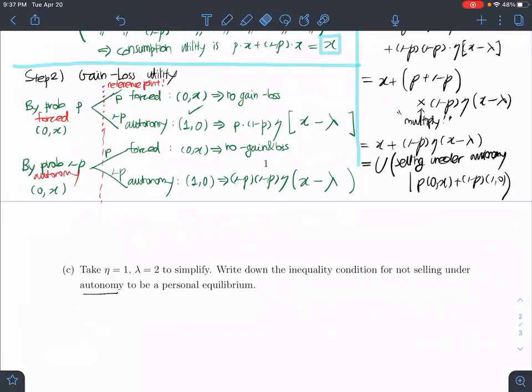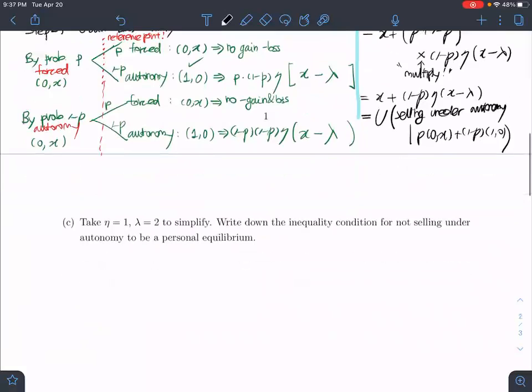So not selling under autonomy to be a personal equilibrium. So we want the utility of not selling. Let me just write it as not selling with this reference point. It should be larger.